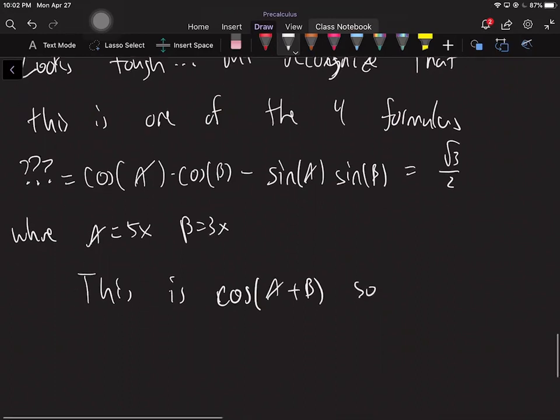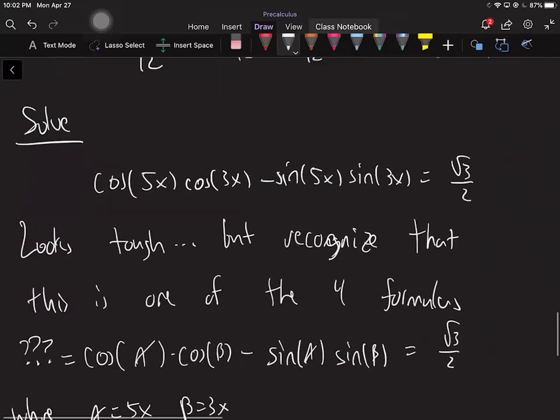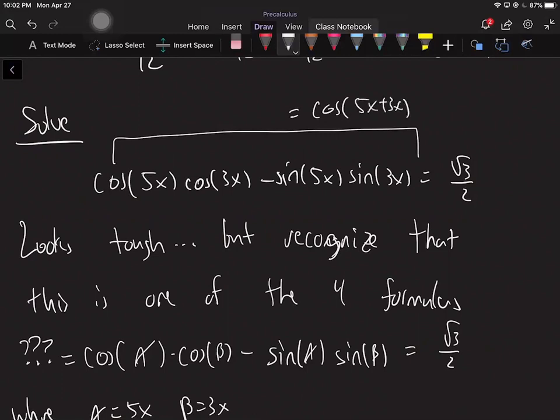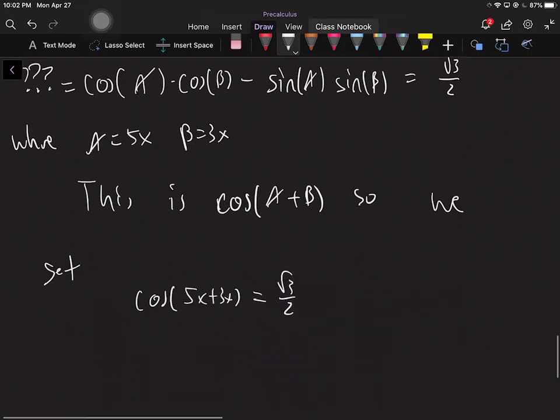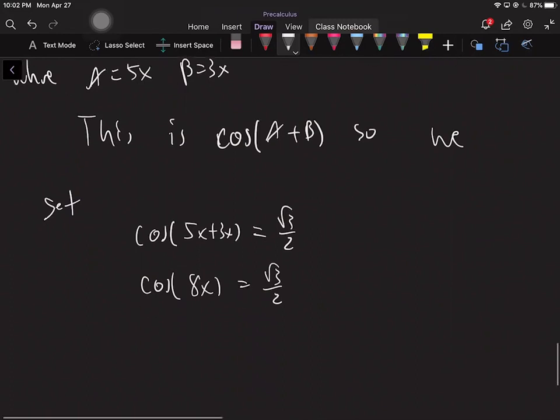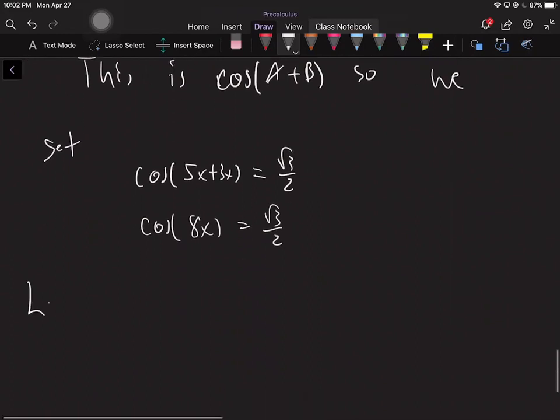So that big thing, what it really turns into is just cosine of 5x plus 3x. And so what we get is that that entire left side just turns into this, and it makes the equation much simpler than before. So we get that. And now it's just like last time.